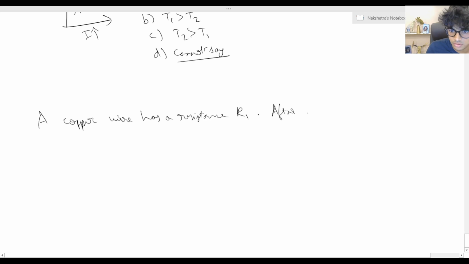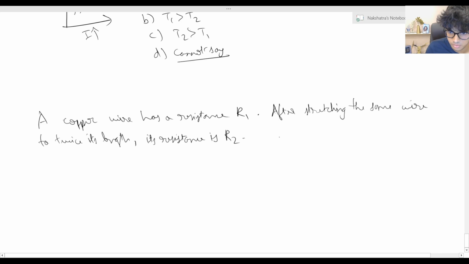After stretching the same wire to twice its length, its resistance is R2. Compare R1 to R2.